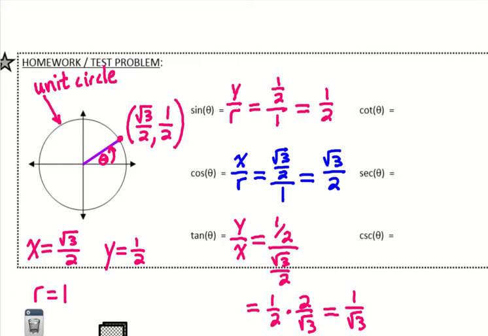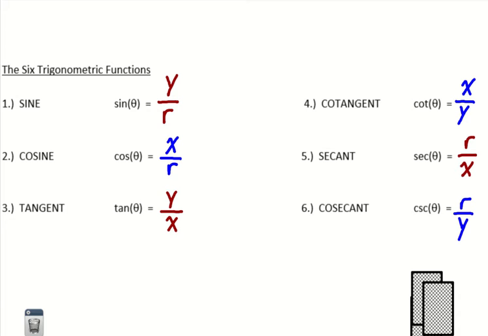So now we move on to cotangent. Could I start from scratch and use the definition as x over y? Yes, but right from early on, what did I say here? I said that the cotangent is just the reciprocal of tangent.